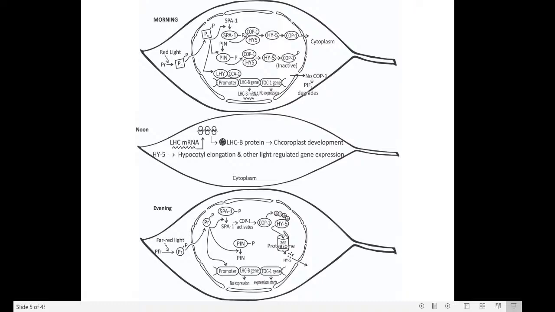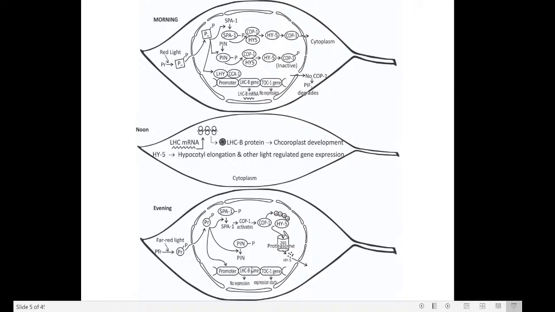In the afternoon, the LHC mRNA is activated and the synthesis process takes place. In the evening, phytochrome 1 observes far-red light and activates the pathway, and during the activation there is no LHCb gene activation; only the TOC1 gene is activated in the process.